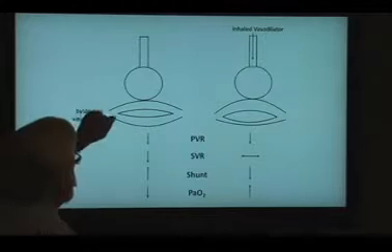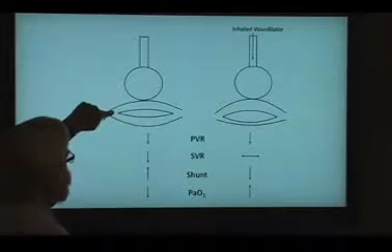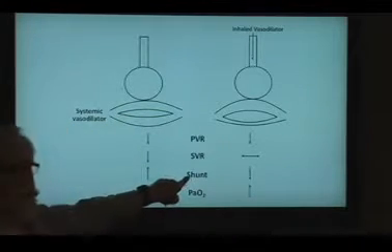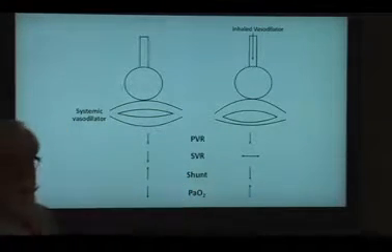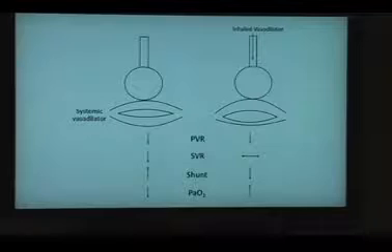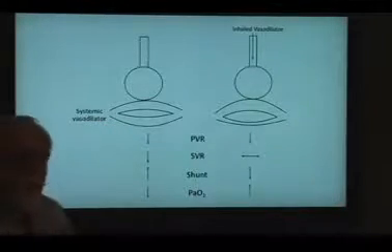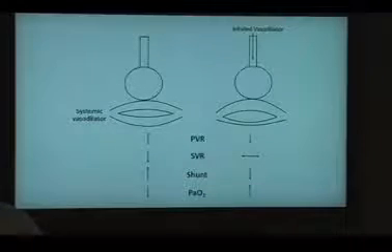The result of increasing blood flow not only past ventilated alveoli but non-ventilated alveoli is that the shunt gets worse and the PO2 goes down. Despite that, both the pulmonary vascular resistance and the systemic vascular resistance go down.